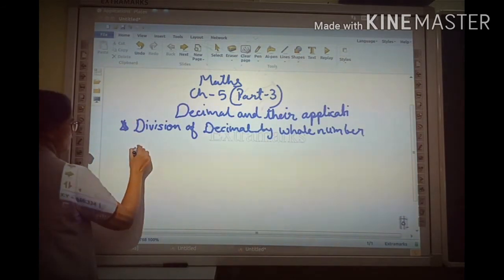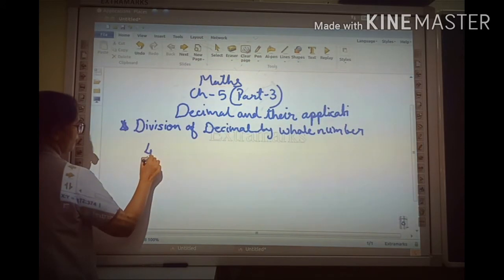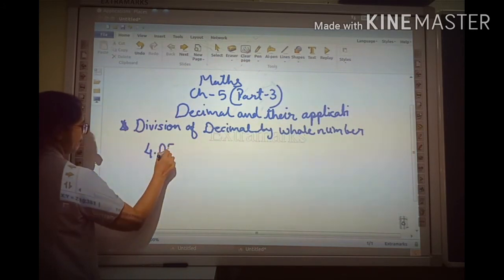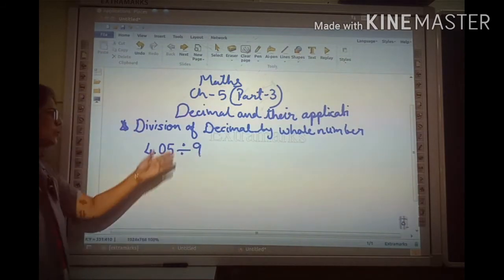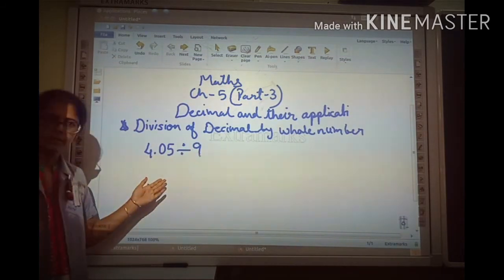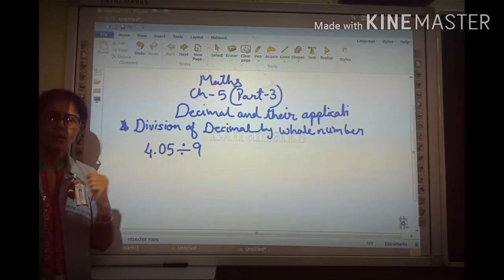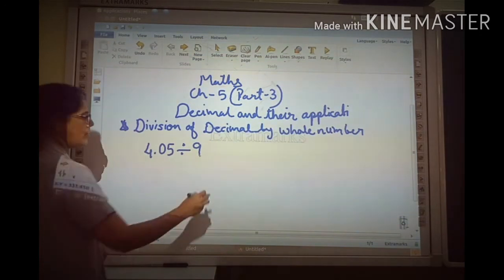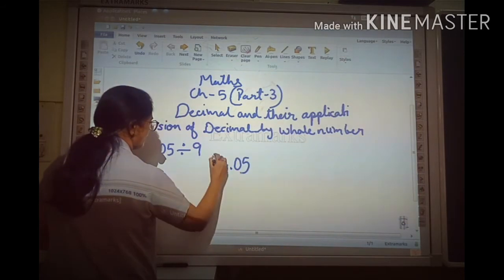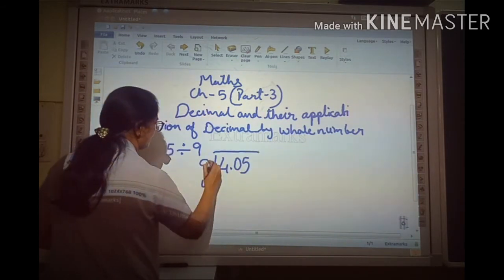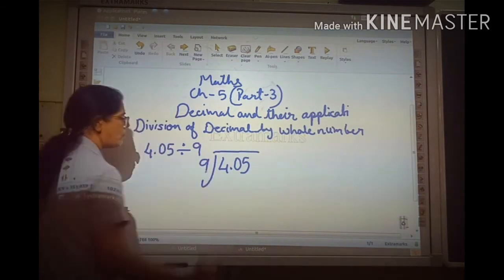One example I am giving you here, suppose 4.05 divided by 9. Now as you all know, 4.05 is the decimal number and 9 is the whole number, right? So we will divide here 4.05 divided by 9, the same as in simple division.